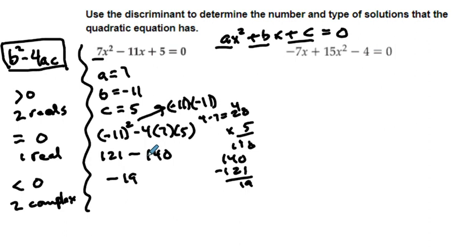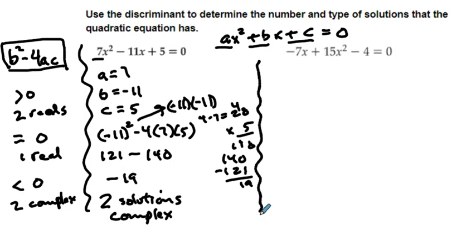Okay, and so now, according to what we talked about, that means that this is less than 0, so it falls under this category, and that is going to give me 2 solutions, and they are going to be complex. So you could write 2 complex solutions, 2 solutions, they are complex, however you want to write that. Okay, just so you got the idea.